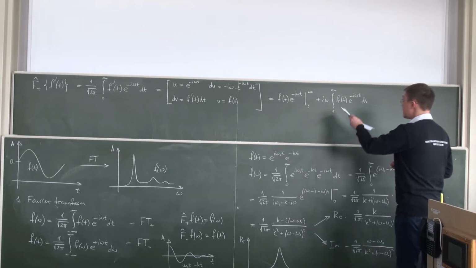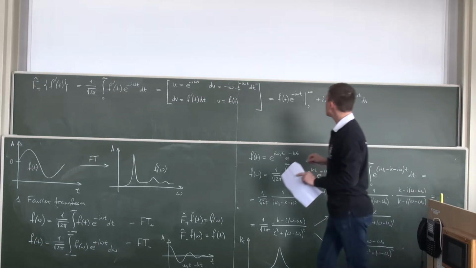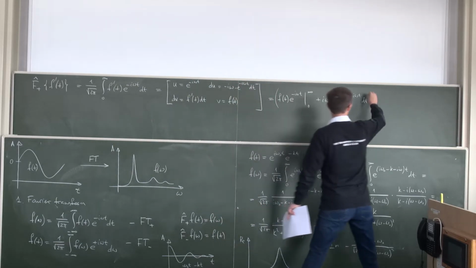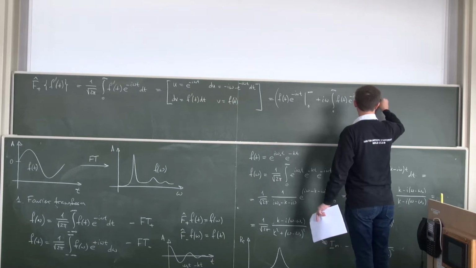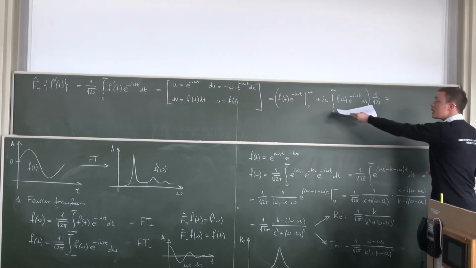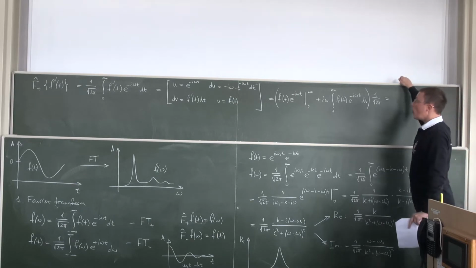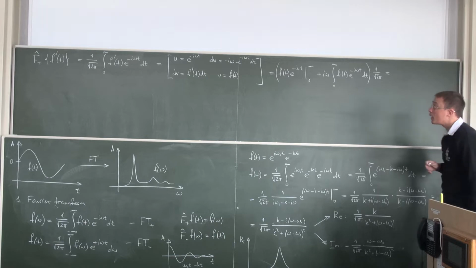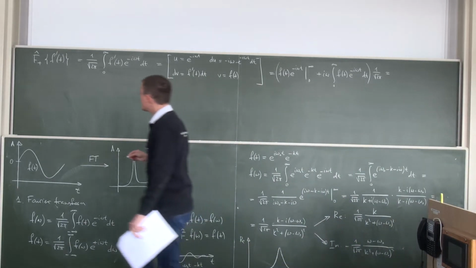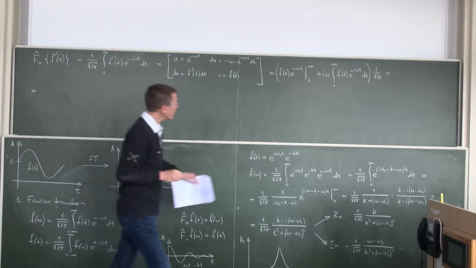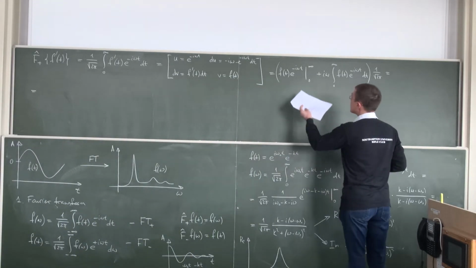But we should remember to put 1 over root 2 pi around that. Notice that this is actually the Fourier transform of the original undifferentiated function. And so we can conclude, after a bit more philosophy, firstly, look at that.